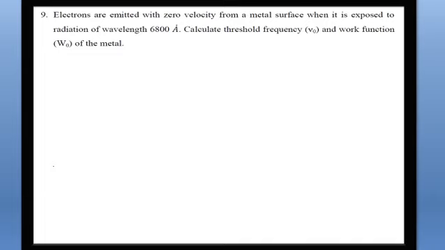So you have been asked to calculate the threshold frequency and work function of the metal, right? So zero velocity from a metal surface when it is exposed to radiation of this wavelength, you have to calculate the threshold frequency here, and also the work function. Fine, let us again try it.